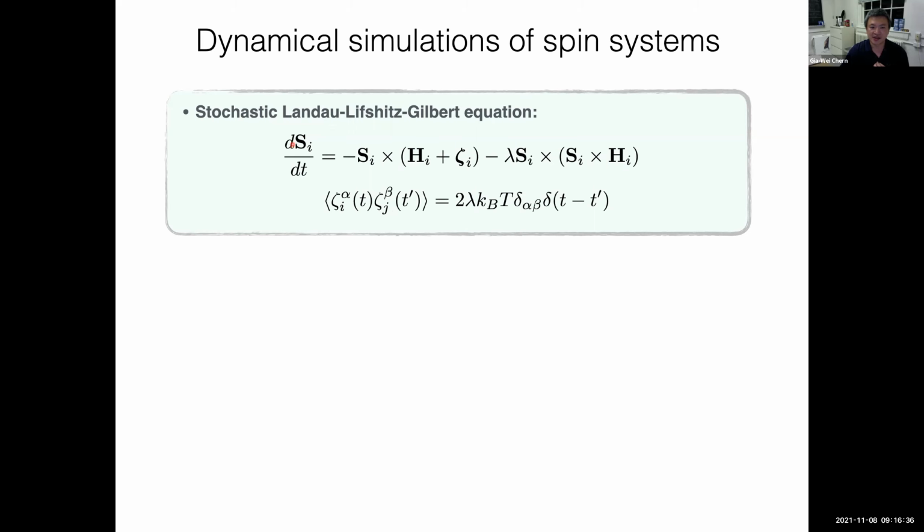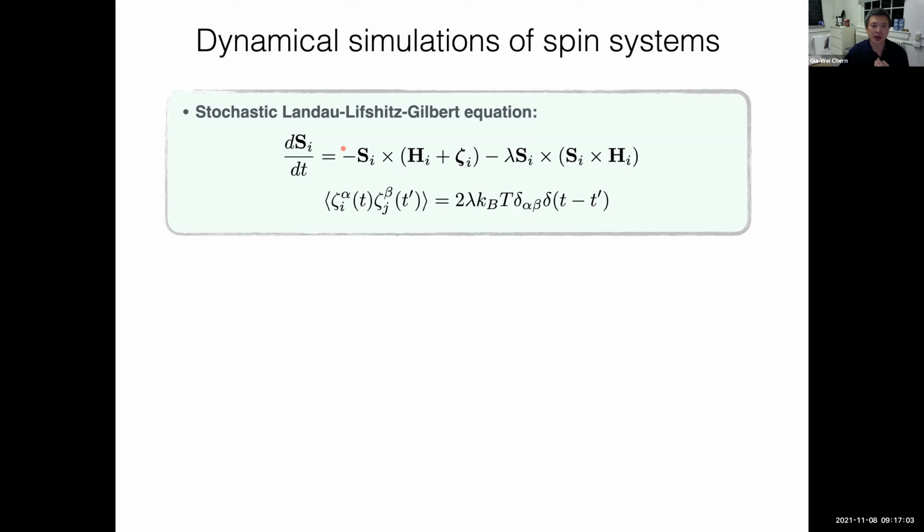It describes dS/dt, where the first term is a precession dynamics, and the second term is a damping, which tries to align the spins to the local effective field direction, H. In the following, we will also call this H the force acting on spins. And this zeta is a thermal noise for the spins, proportional to temperature.